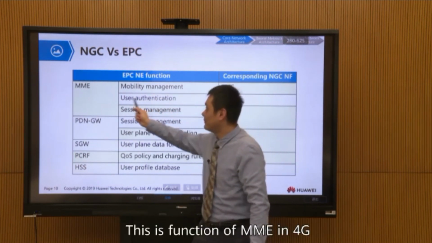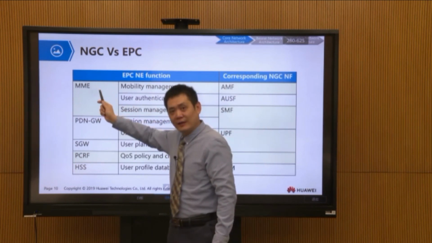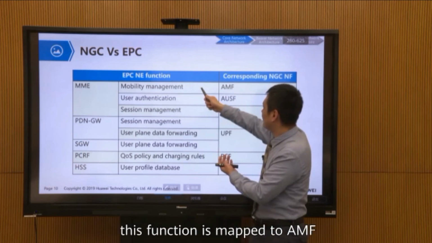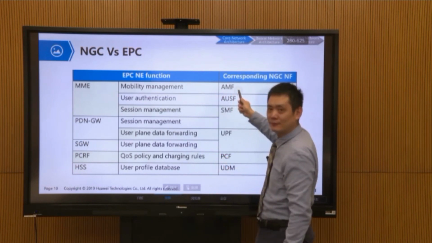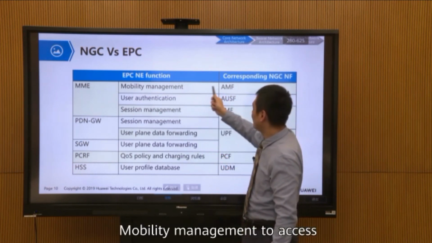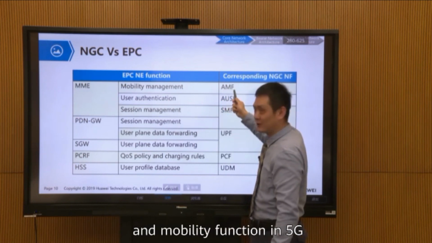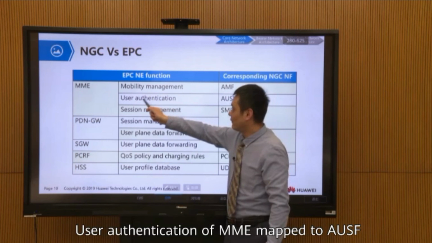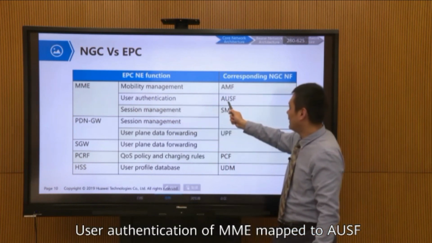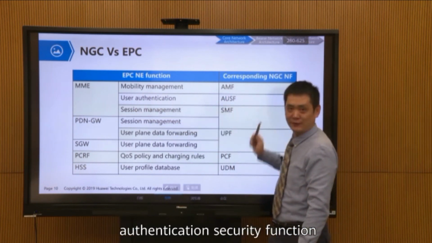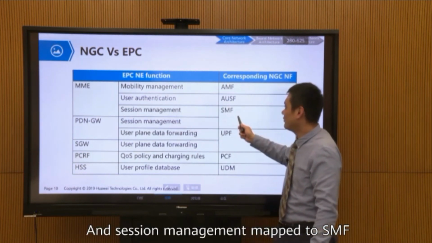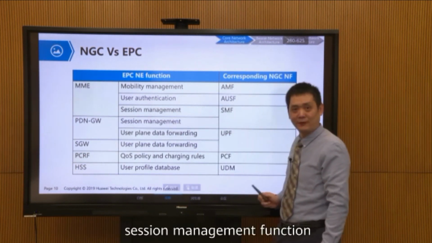Now in 5G, it is mapped to these functions. Mobility management is mapped to AMF, the access and mobility management function. User authentication of MME is mapped to AUSF, the authentication server function. And session management is mapped to SMF, the session management function.